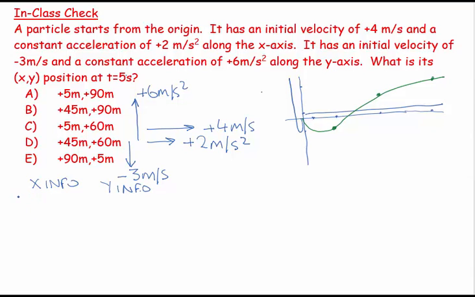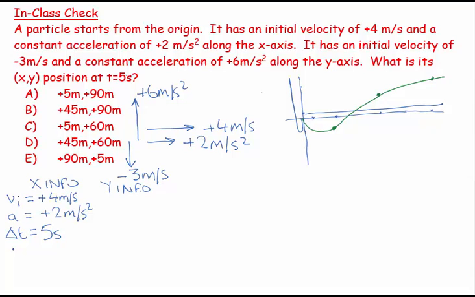For my X info, my VI is equal to plus 4 meters per second. I'm looking over here on my diagram. And my A is equal to plus 2 meters per second squared. And my delta T, my time, is equal to 5 seconds.